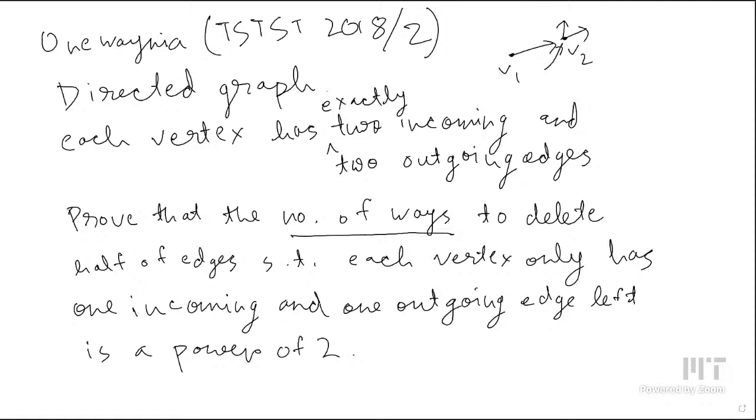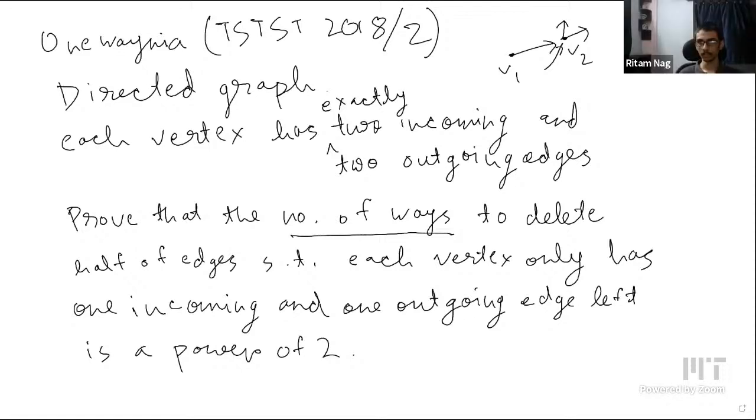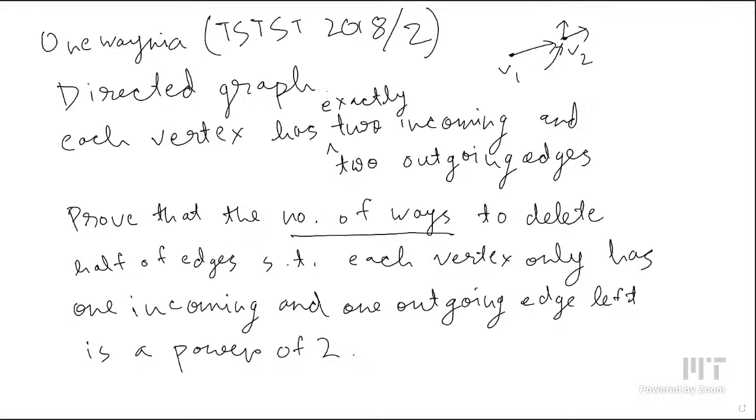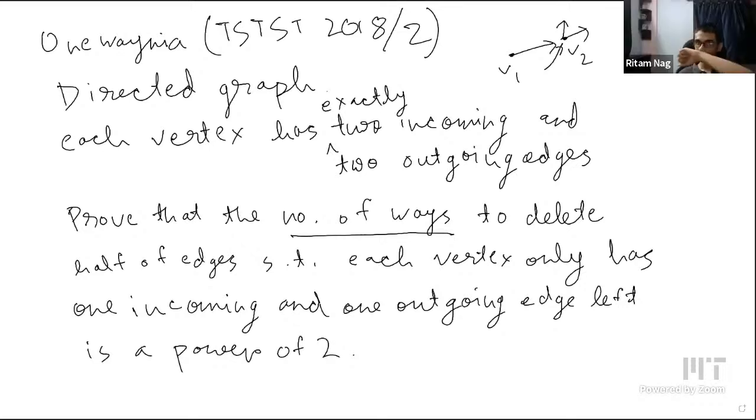Can two vertices have directed edges in both directions? Not necessarily. Oh, they can have, yeah. They can, right? Oh no, they can't. It's not allowed. It's given in the problem.